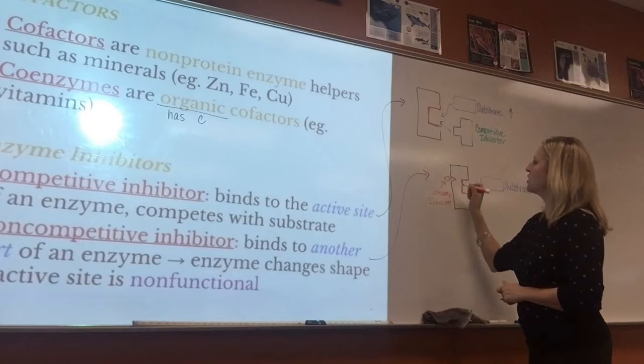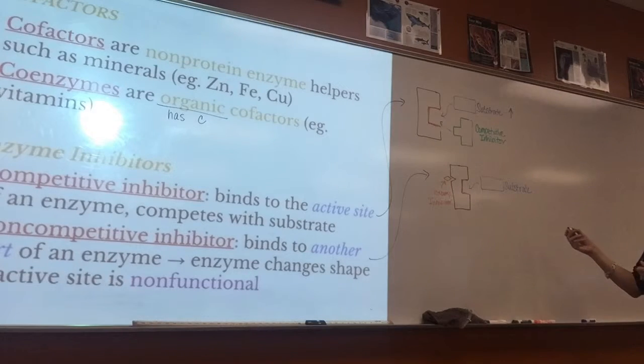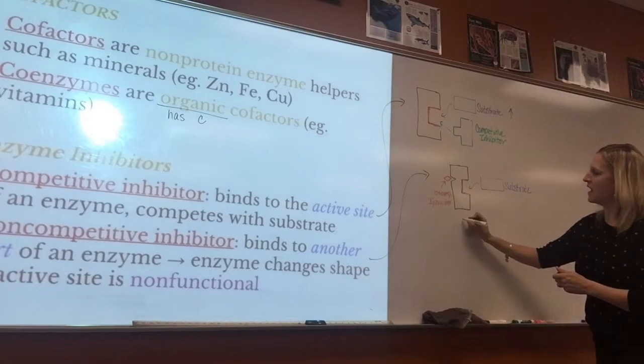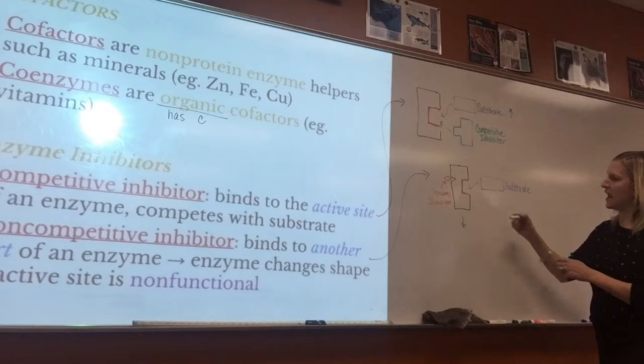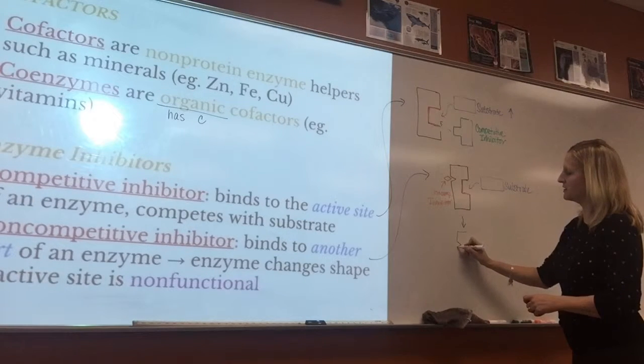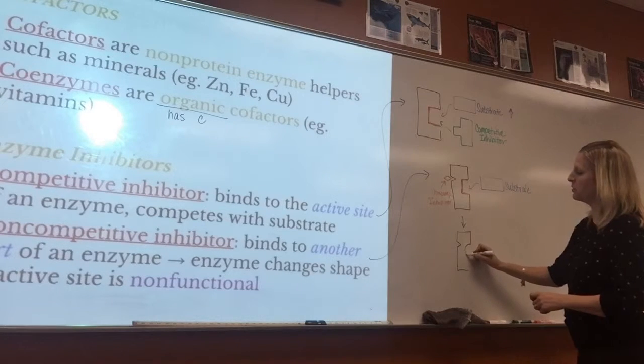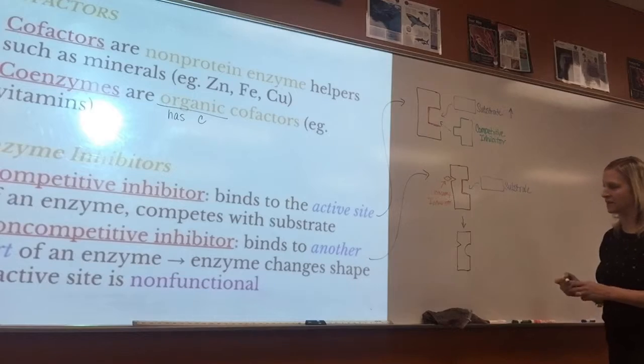Now, when it actually binds to that, how that's going to change the shape is, I'm going to draw it down here. So when this happens, this enzyme, so you still have the other site here, changes shape, and the important part that gets changed is the active site.